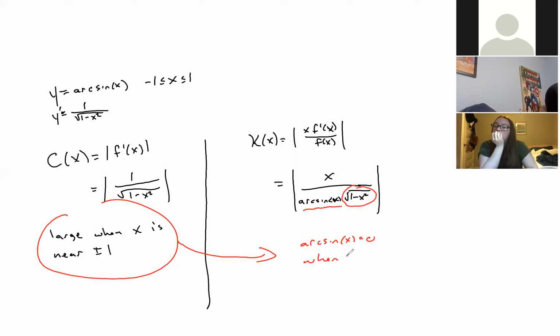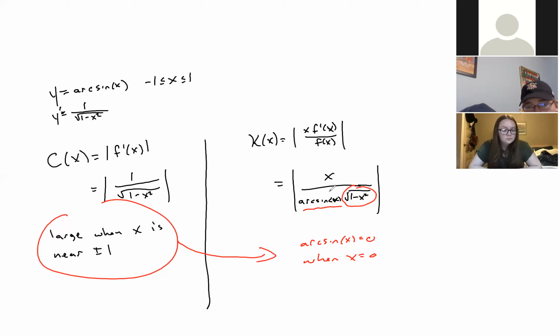Okay. So this is something you have to address, because anything that makes the denominator 0 could give you trouble. We need to see what happens here when x is 0, because if x is 0, then you've got 0 in the denominator, and you might have a large relative condition number.